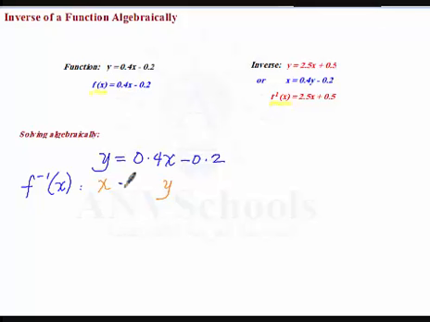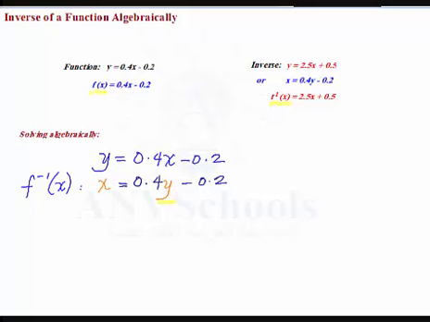And then we're going to plug in the remaining components of our expression. So x now is equal to 0.4y minus 0.2. And then we are to solve in terms of y again.